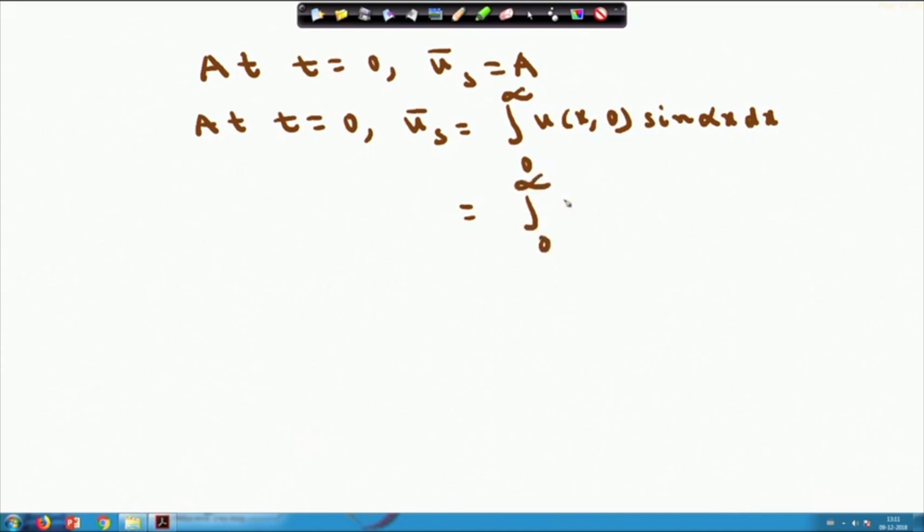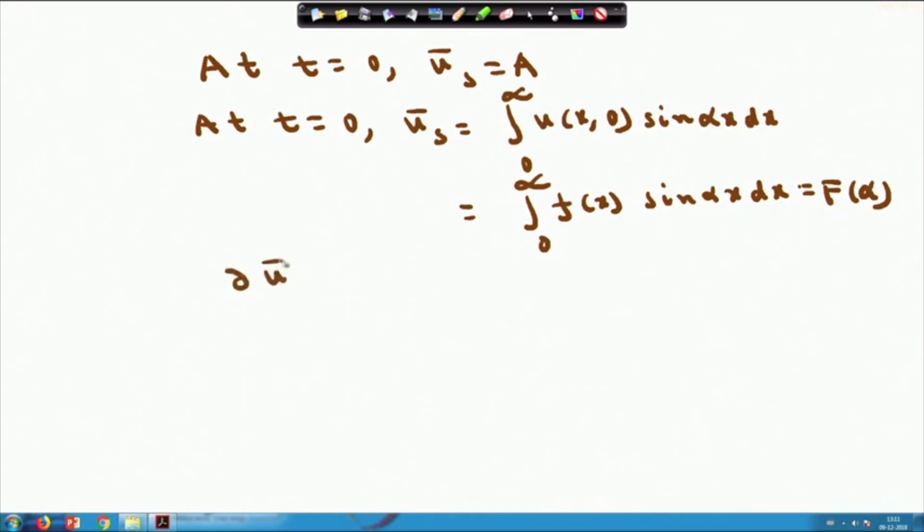So, integral 0 to infinity u x 0 is f x into sine of alpha x dx, and this equals your F alpha. So, effectively your a is capital F of alpha, where F alpha is the Fourier sine transform of f x. Please note root over 2 by pi we have omitted because this again I am writing as F alpha.